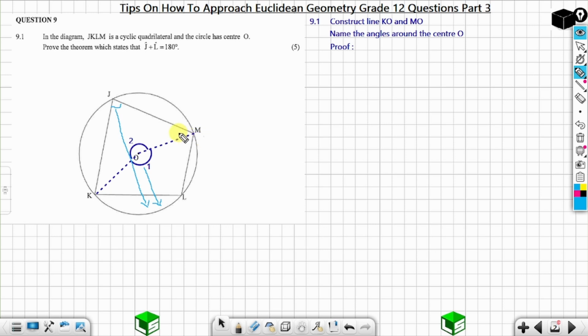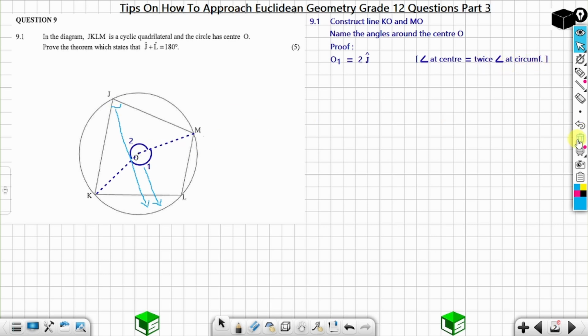So we are going to combine the two angles because they are subtended by the same arc. The angle at the center is twice the angle at the circumference. So write the reason: angle at the center is equal to twice angle at the circumference.